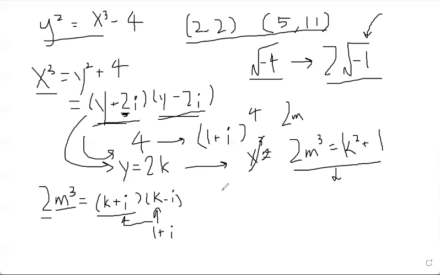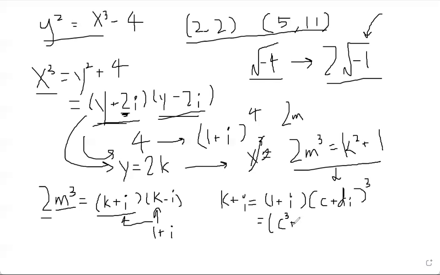So that means k plus i has to equal 1 plus i times some magic cube, c plus di, cubed. Now this is not too hard. It's slightly harder because you need to do one extra multiplication, but I hope you are all able to deal with one extra multiplication. Hope you guys don't mind.